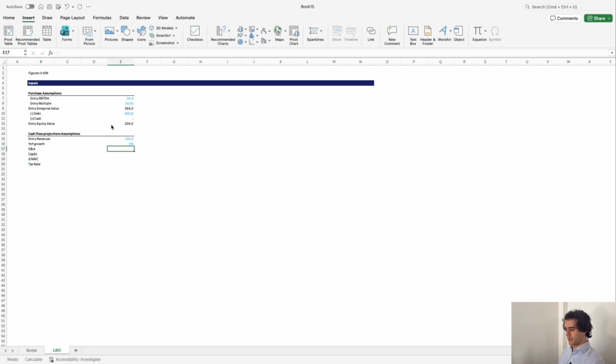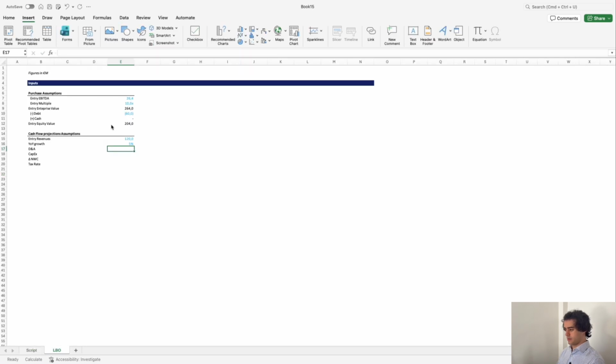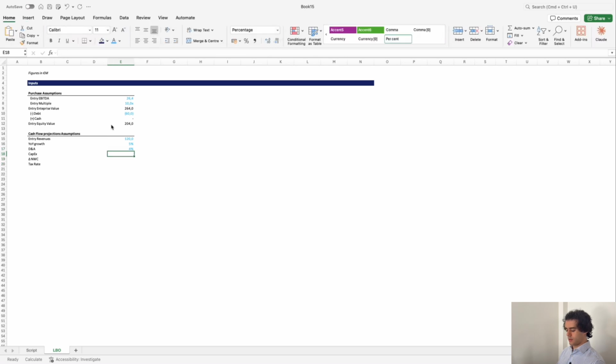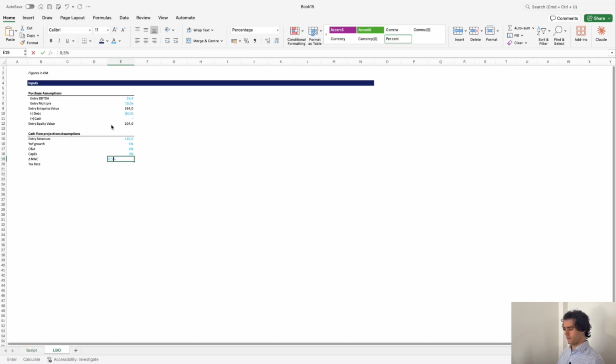So for the D&A, we know that is 4% of revenues. CapEx, it will be 3%. Delta net working capital will be 0.5.